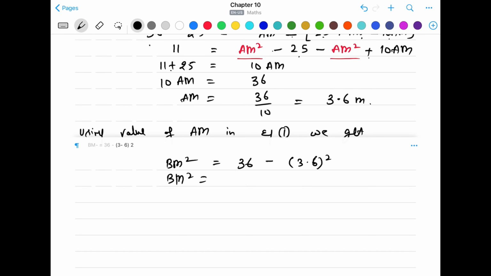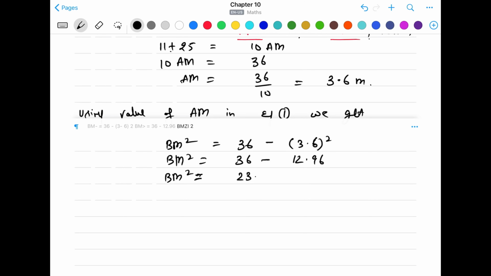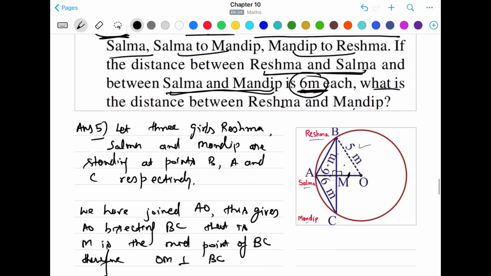So BM square is equal to 36 minus 3.6 square, which will give us 12.96, or BM square is 23.04, or BM from here will be under root 23.04. When you find the root of this 23.04 you will get the result as 4.8 meter. That means BM is equal to 4.8 meter.